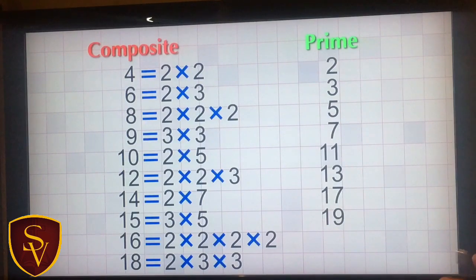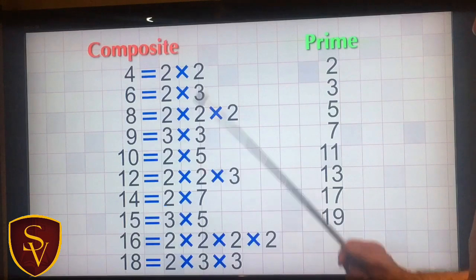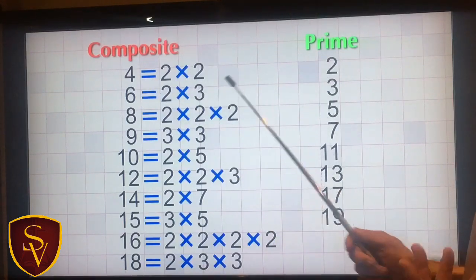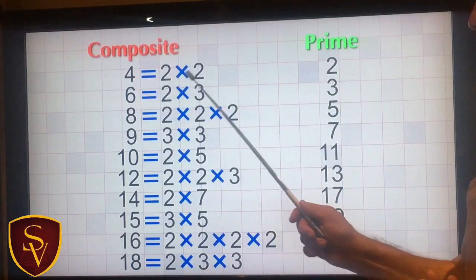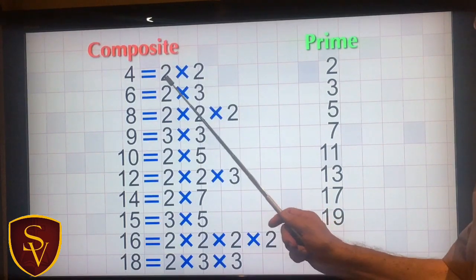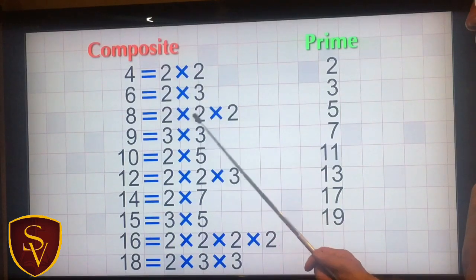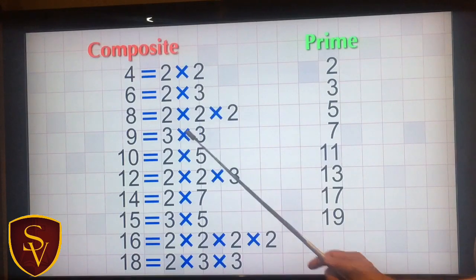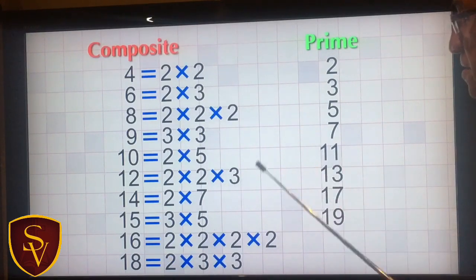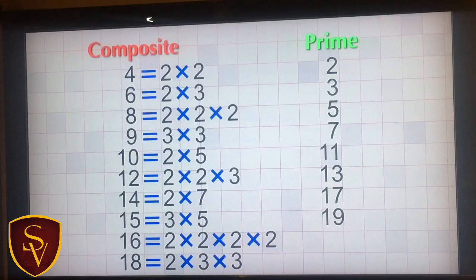But for practical reasons, what we have to say is that composite numbers are numbers that can be divided into factors that give us the same number. For instance, 4 is equal to 2 times 2. 6 is 2 times 3, 8 is 2 times 2 times 2, 9, and so on. As you can see, these are composite numbers that have factors that give us the right number.